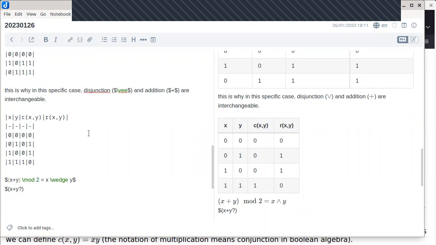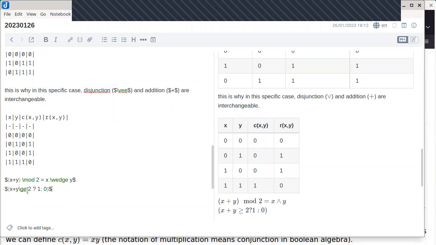Okay, let me get back here. So the mathematical way of defining this is to see if x plus y is greater than or equal to 2. And if so, we return the value of 1. If not, we return the value of 0. I'm using a ternary expression to say what this is doing.